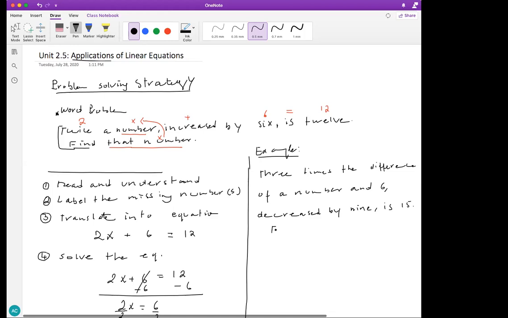Okay, again, find the number, or that number.